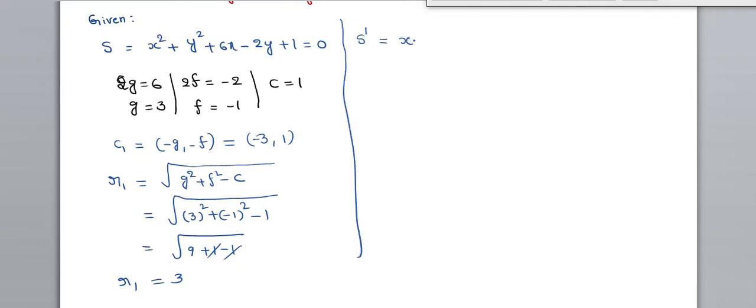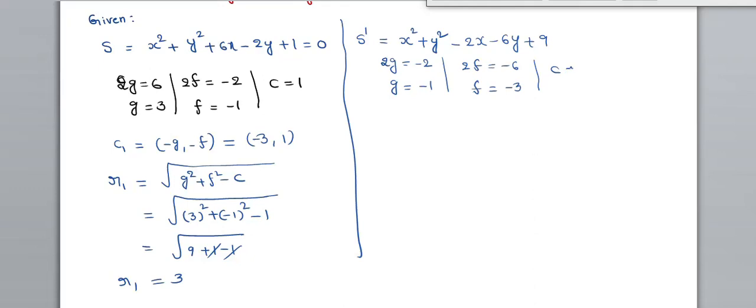Next, second circle S dash: x square plus y square minus 2x minus 6y plus 9. Comparing, 2g is equal to minus 2, g is equal to minus 1, 2f equal to minus 6, f equal to minus 3, c is equal to 9.